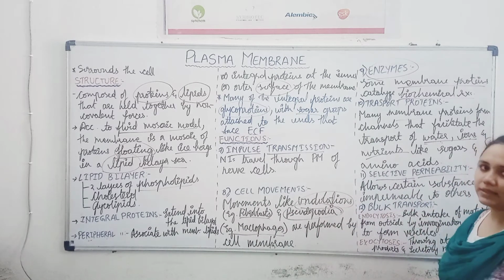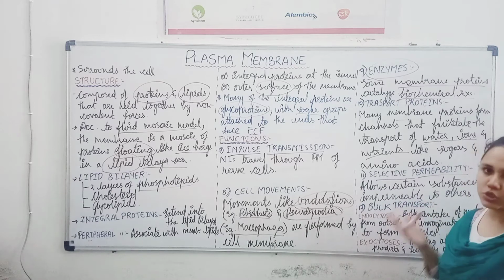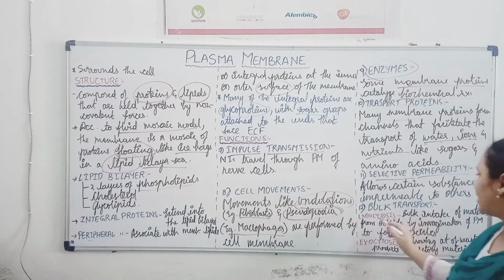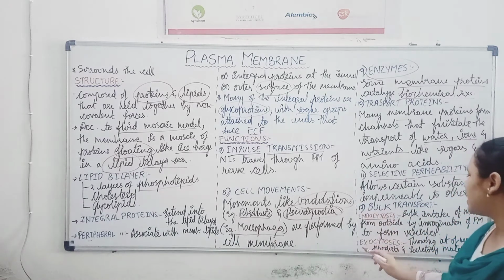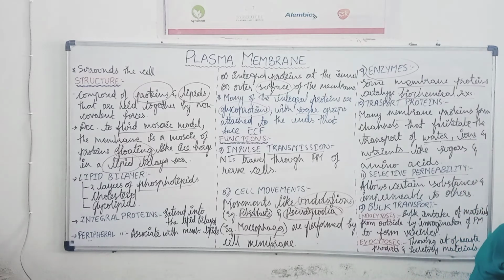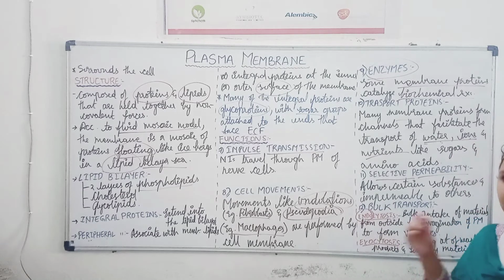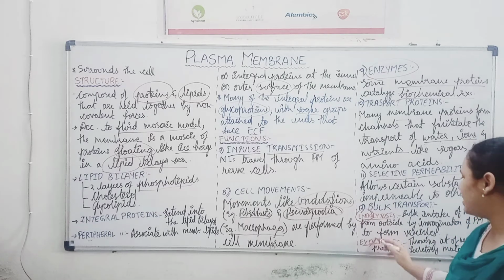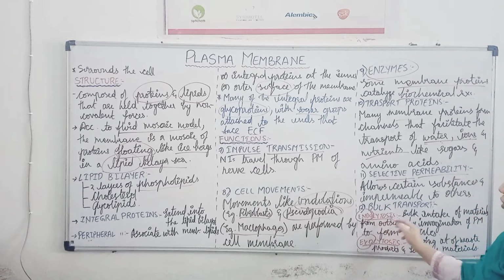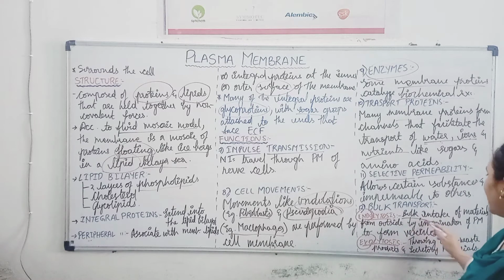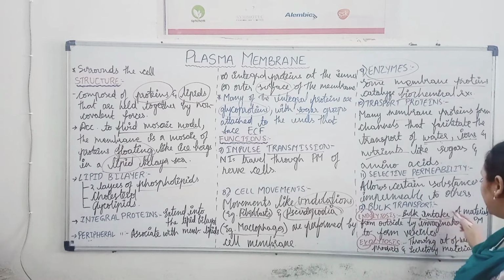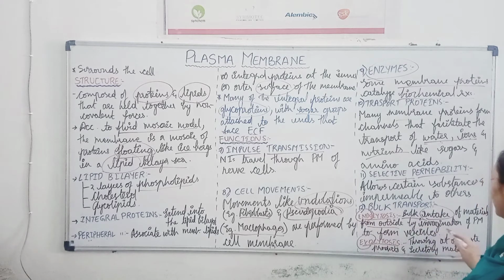Next is bulk transport. So this involves two kinds of processes. One is endocytosis, another is exocytosis. From the word endo itself we can understand that it means inward. Exo means outside, right? So endocytosis means bulk intake of materials from outside by invagination of plasma membrane to form vesicles.